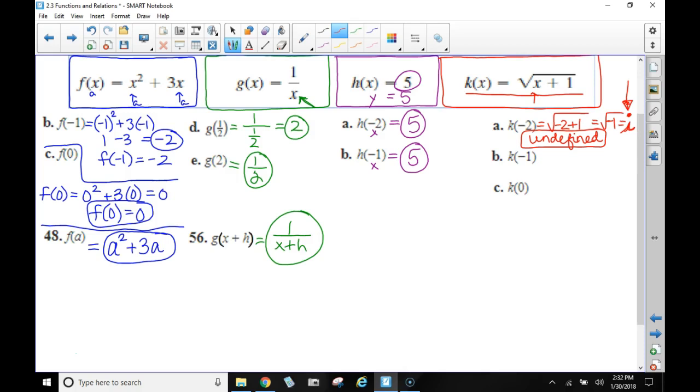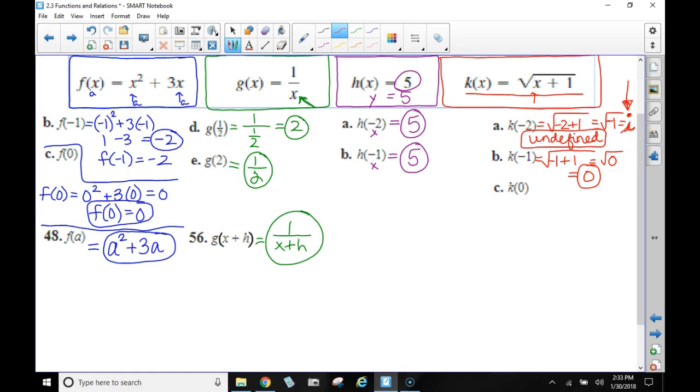Okay? Let's see what happens here when x is -1. I'm going to do k evaluated at -1. That means to calculate the square root of -1 plus 1. That'll give us square root of 0. And I'm okay with square root of 0. That's just equal to 0. There's our answer. So -1, 0 would be a point on our graph.